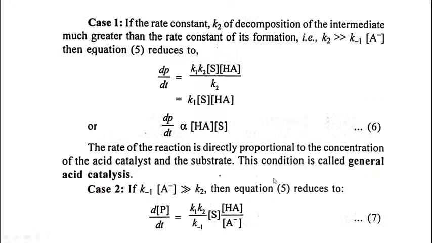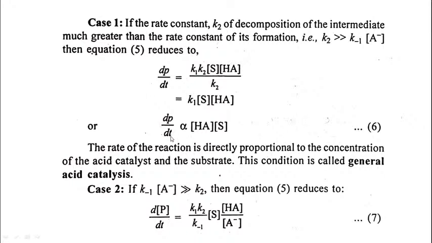So let us see the next step here. Already we have written case 1. If the rate constant K2 of decomposition of the intermediate is very large, then K2 is very much greater than K minus 1, so K2 becomes cancelled here. So it is equal to K1 into concentration of the substrate into concentration of the acid.